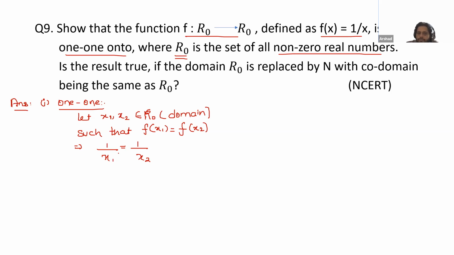That's why 1/x1 = 1/x2 is correct. Now take the reciprocal both sides, you get x1 = x2. Hence the given function is one-one. So please note down this, confirm me, then we will check for onto.